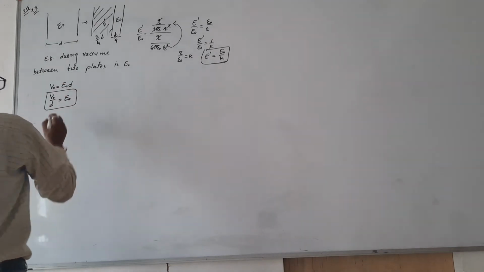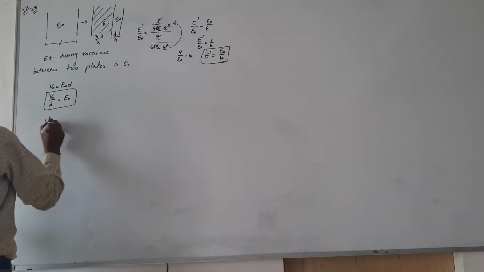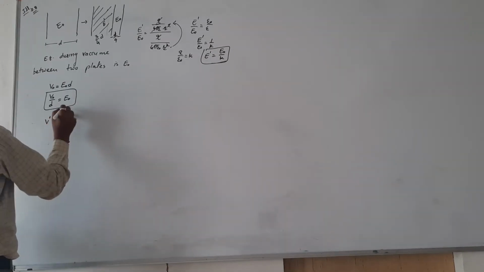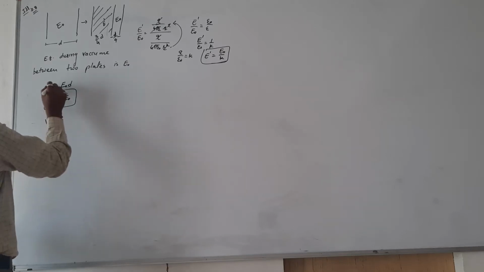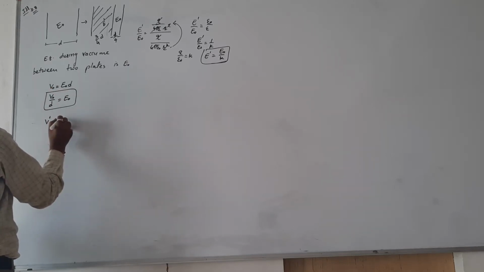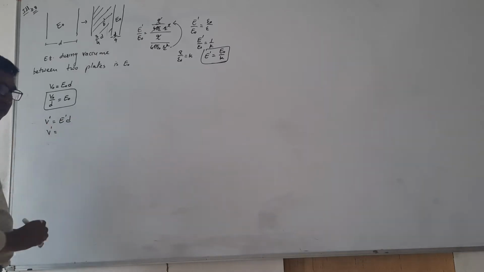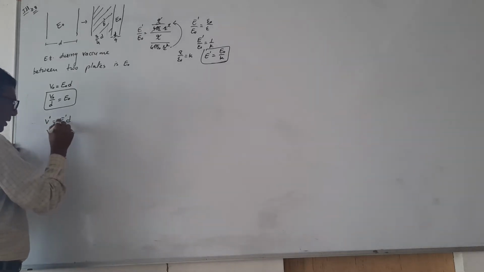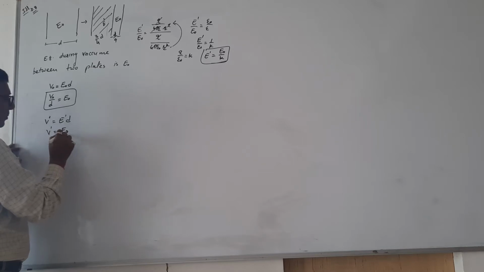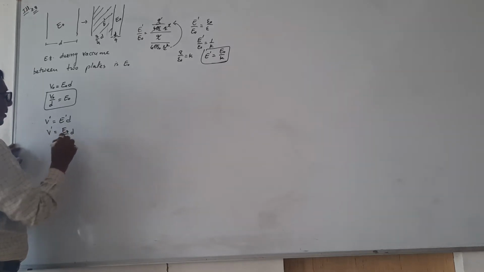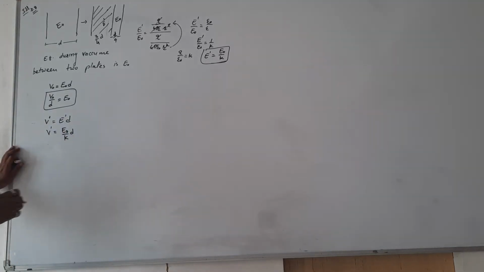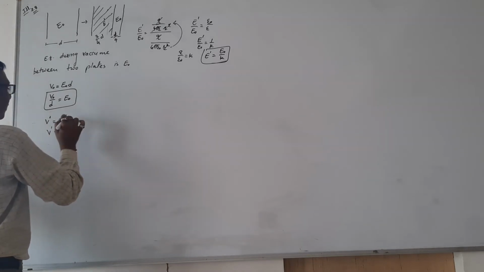Now V dash is equal to E dash times D, so V dash is equal to E0 by K times D. But here, what is the D?